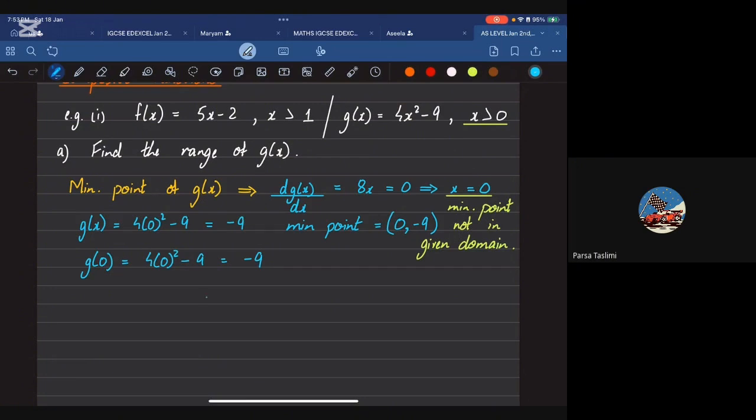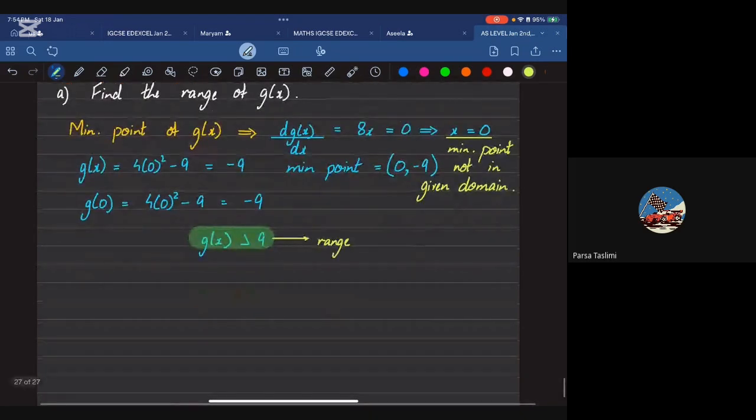Therefore, your g of x needs to be greater than minus 9, and that should be your range. Is this clear, Parsa? Yes. Any issues? No. So this is going to be your range. Clear? Very simple, very easy.